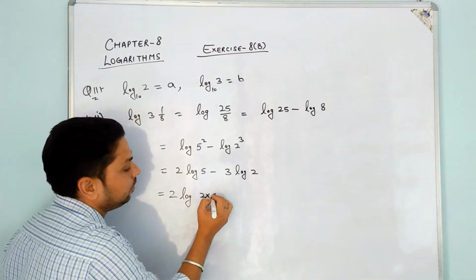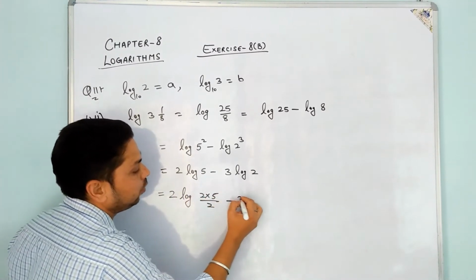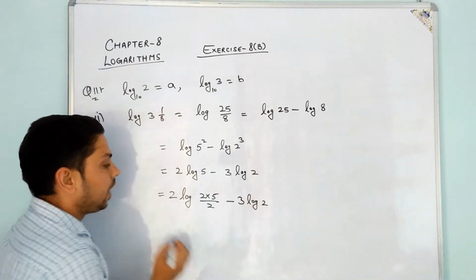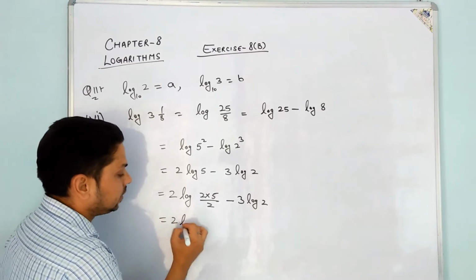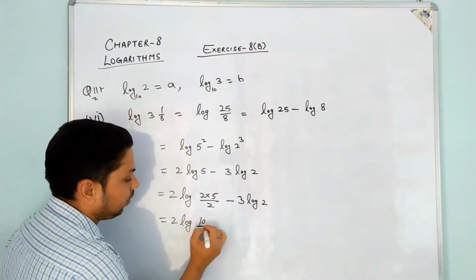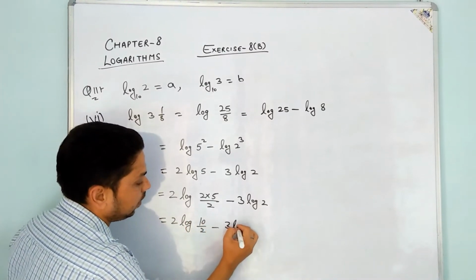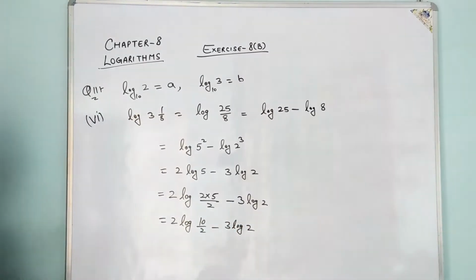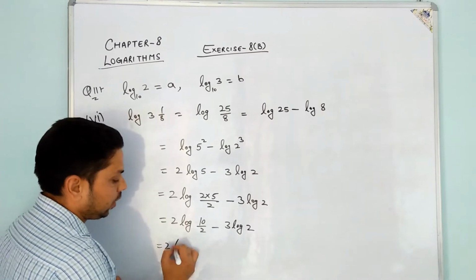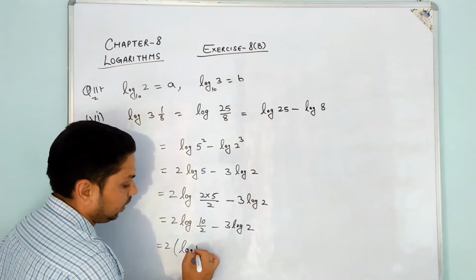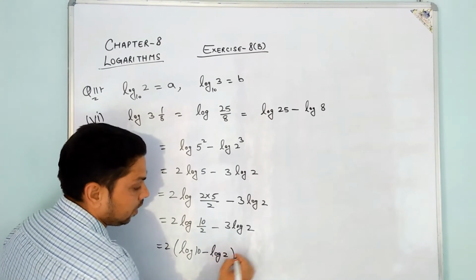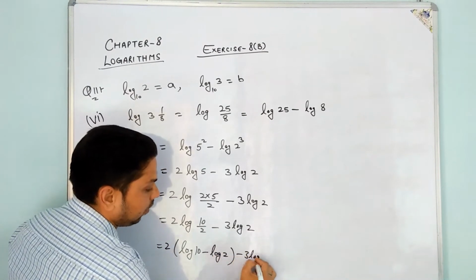Then we have twice log of 10 over 2 minus 3 times log of 2. Using log of m upon n, this is equal to twice log of 10 minus log of 2 minus 3 log of 2.